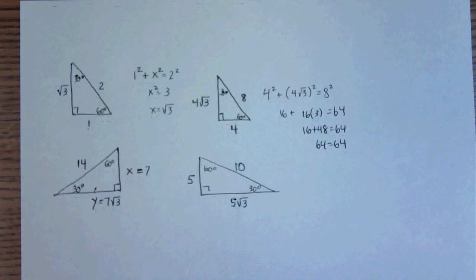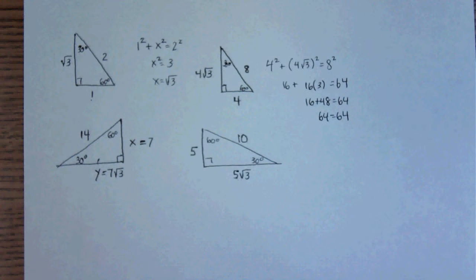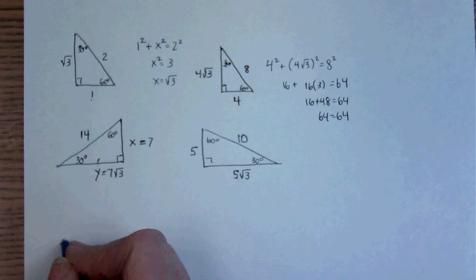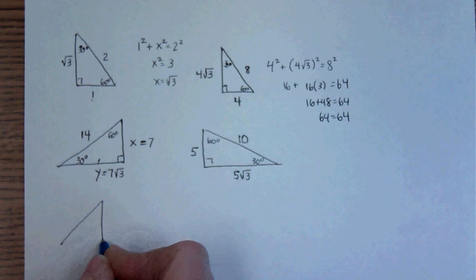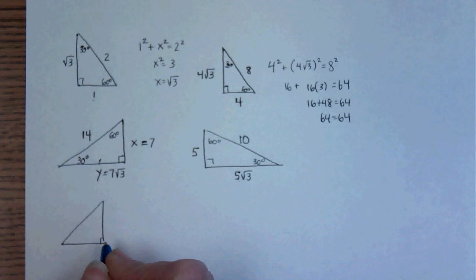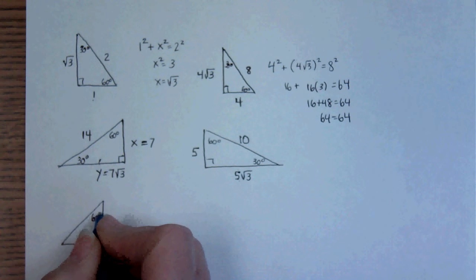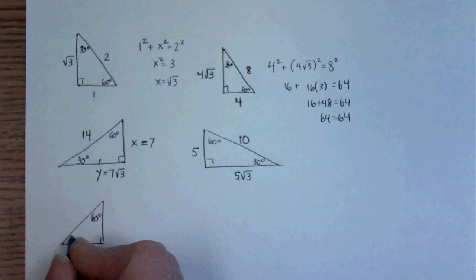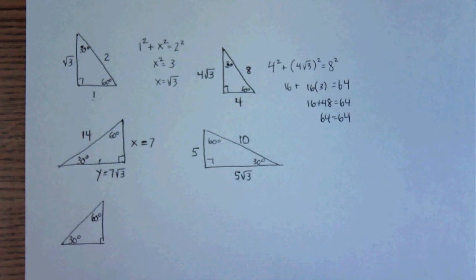So they do get a little trickier, and they get a little trickier when your picture doesn't quite match what you're expecting. Maybe the numbers just aren't falling into place as nicely as you would want. I'm going to put 60 degrees in that corner, 30 degrees in this corner. My picture doesn't look like it's drawn to scale very well, but if it's 30, 60, 90, the relationship holds.